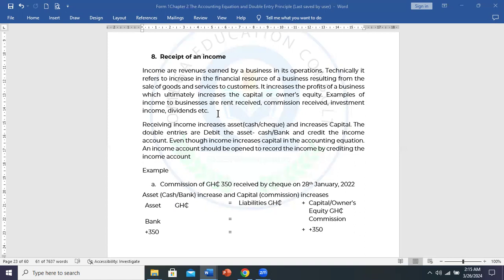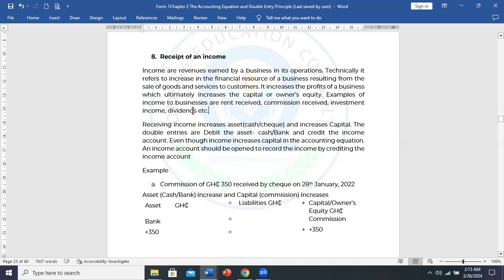Okay, so examples of them include rent received, commission received, investment income, as I've explained, and then dividend. Now, dividends are also a form of returns on investment, but specifically when you invest in a company. When you invest in a company, you are referred to as a shareholder of that company, and for that matter, you receive dividends.